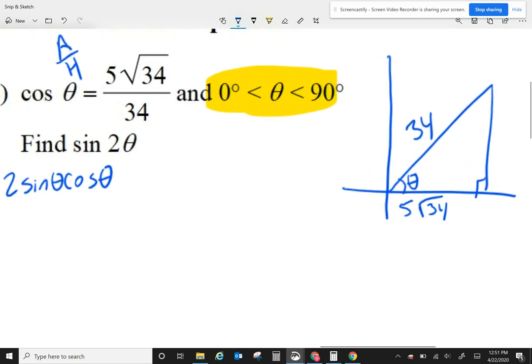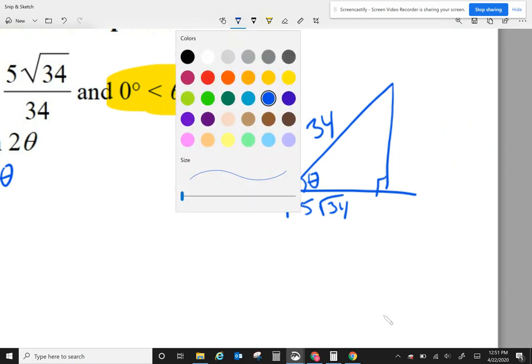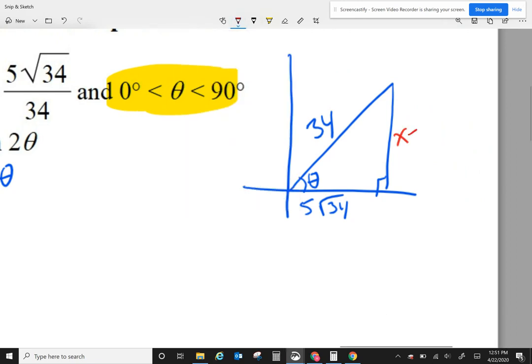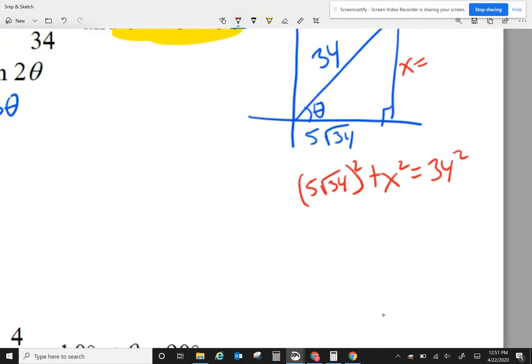Since I'm going to be dealing with sine, I need the opposite. So let me solve for the opposite. I have that 5 radical 34 squared plus x squared equals 34 squared. If I square the 5, 5 times 5 is 25. If I square the radical, I get 34.